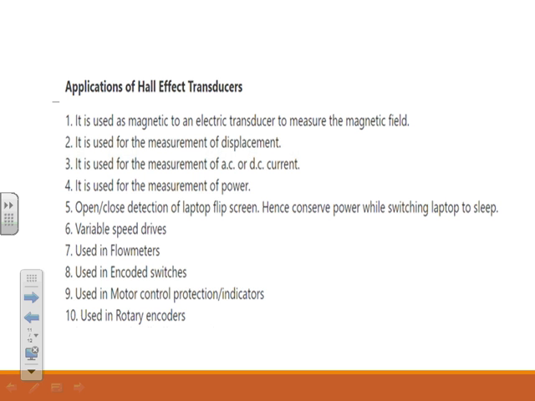It is used for measurement of power. Open or closed detection of laptop flip screen. Variable speed devices used in flow meters, used in encoder switches, used in motor control protection indicators, used in rotary encoders. So these are the applications of the Hall effect transducer.